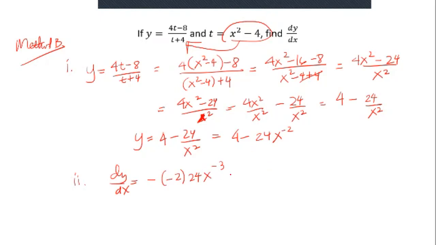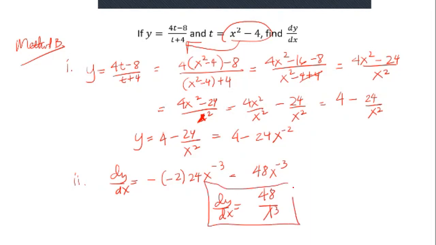Simplifying further, negative times negative 2 becomes positive, times 24 is 48 x raised to negative 3. Our final answer is 48 over x cubed, which is the same as in the first method.